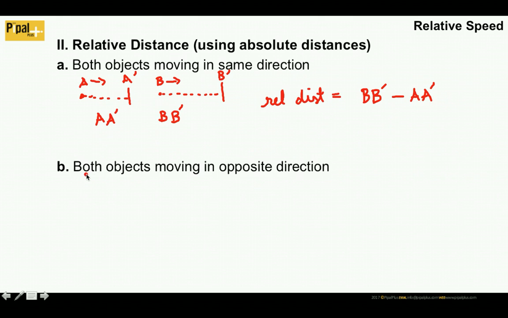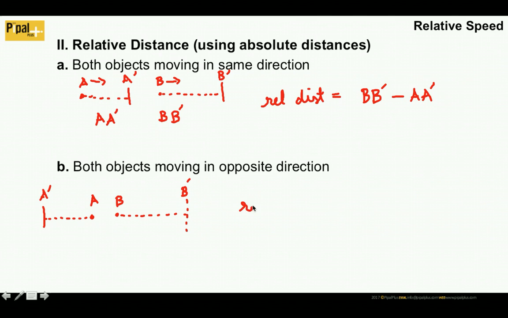Now, in another case, if both objects are moving in the opposite directions, right? So let's say you have A here and you have B here, and A is moving in this direction, and let's say A moves to this point A dash and B moves in the opposite direction, and B reaches this point B dash, right?